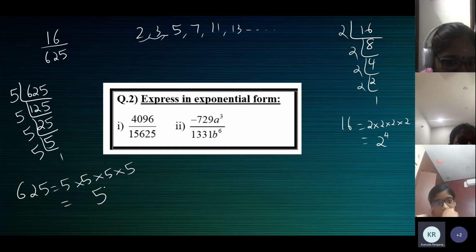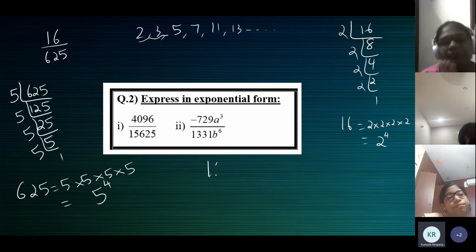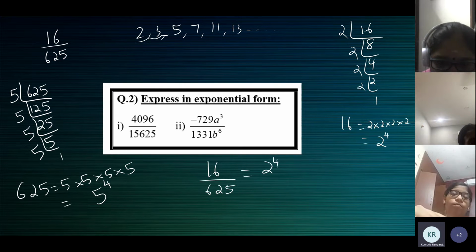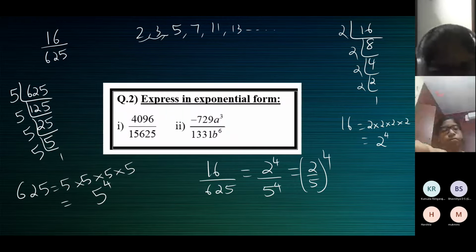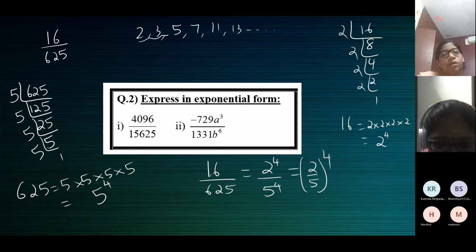Repeated multiplication is written in exponential form. So 5 to the power 4. So 16 by 625 is 2 to the power 4 divided by 5 to the power 4, which is nothing but 2 by 5, the whole power 4. Can we also write 4 squared divided by 25 squared?